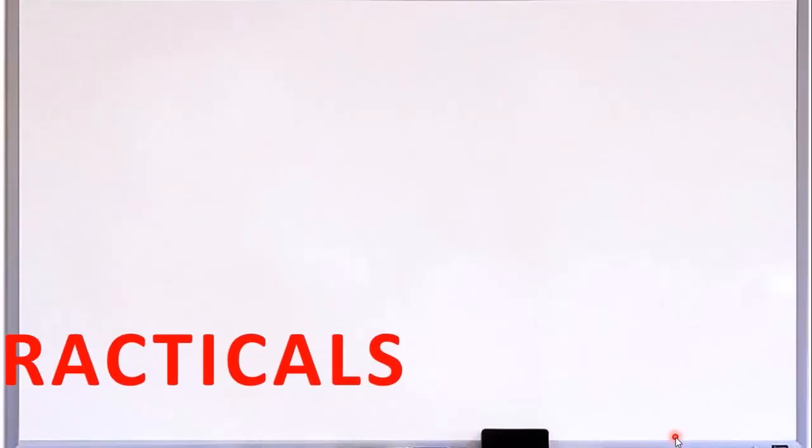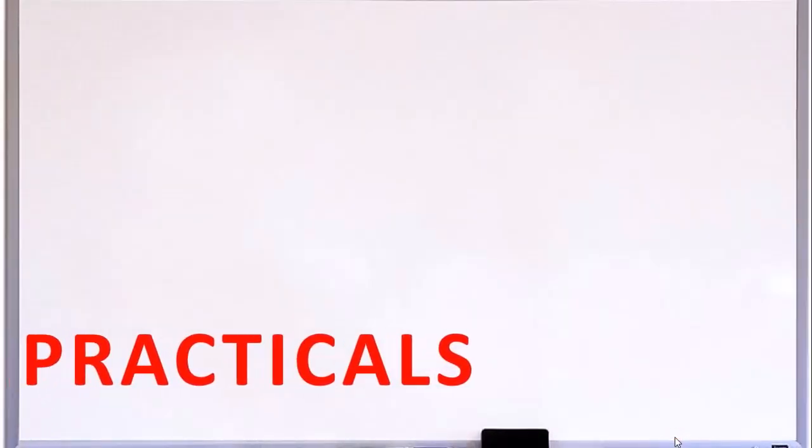So in practicals we will declare the array, we will define the array, and we will access the values from the array where we store the values. We will see different types of arrays which we learned. We will see how arrays are implemented in practicals.